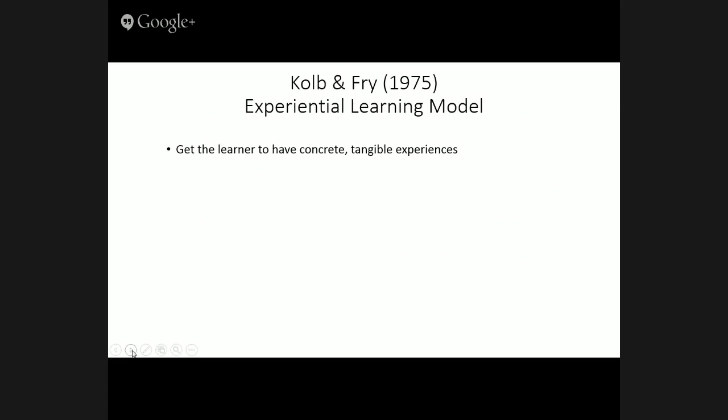If they have an experience with something, they're going to learn something. If they haven't done anything other than read, they haven't learned anything. You want to make sure that there is both observation and reflection on what they're experiencing.